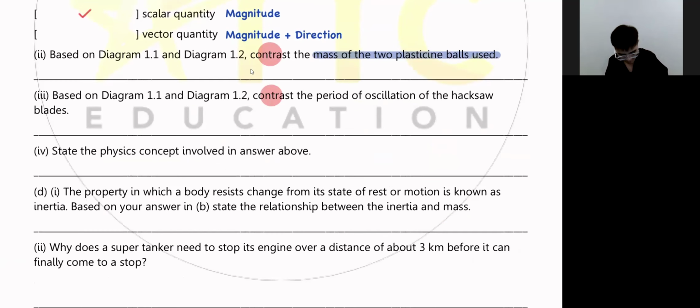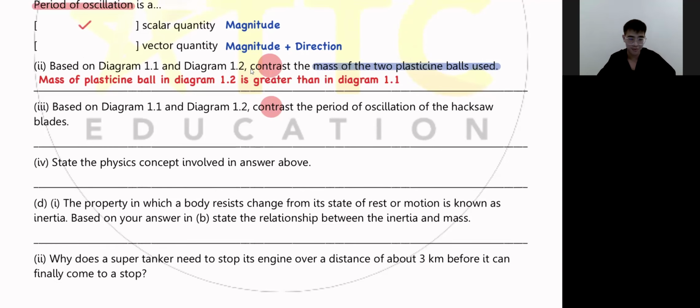Just write: mass of the plasticine ball in diagram 1.2 is greater than in diagram 1.1. That's it. Just repeat whatever the question asks you. If the question asks you to contrast the mass of the plasticine ball, then write mass of the plasticine ball.